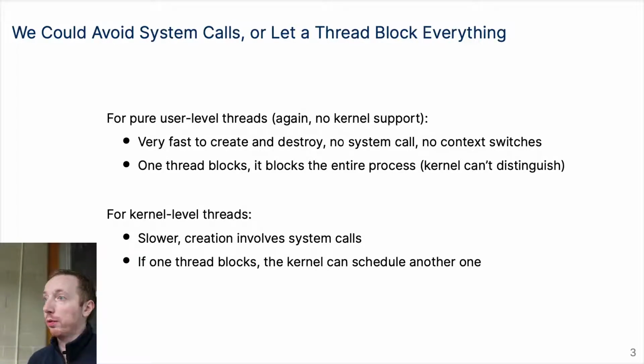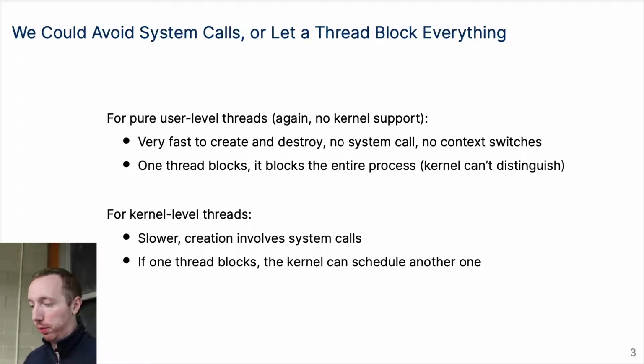So if your currently running user level thread hits a system call, your entire process is going to be put to sleep while the kernel resolves that system call. Any of your other threads aren't going to be able to run. So by having user level threads, you will not have any parallelism whatsoever, because it only will execute a single thread.